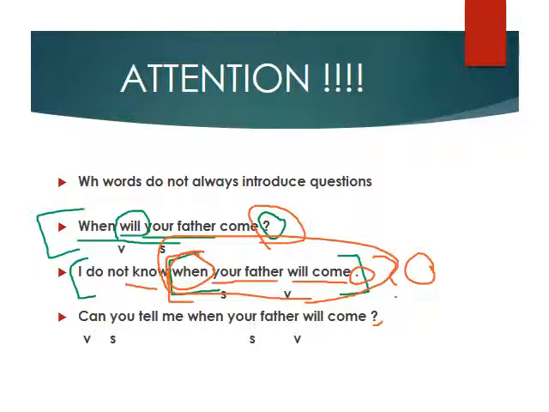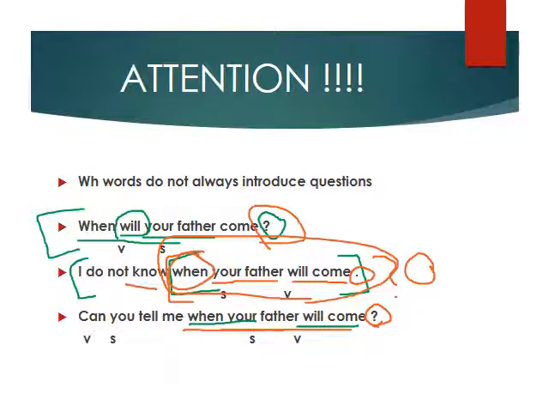Now pay attention to a sentence like this. Here we have a question mark, but we do not invert here. As you can see, when your father will come. Here after when we have your father, which is the subject, and will come the verb. We do not invert. Why? Though there is a question mark.